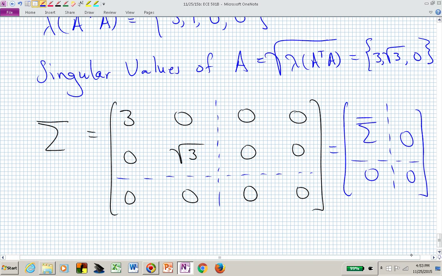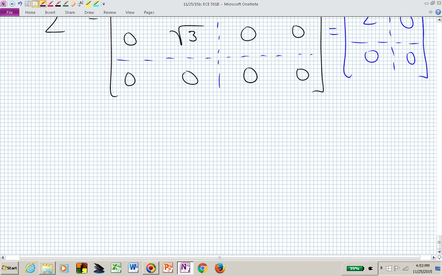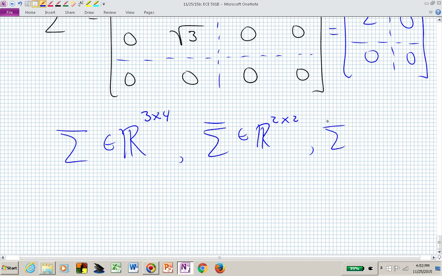And again, this matrix sigma is rectangular, and it's 3 by 4. Sigma bar is 2 by 2 in this particular case, where sigma bar is now this 3, 0, 0, square root of 3.